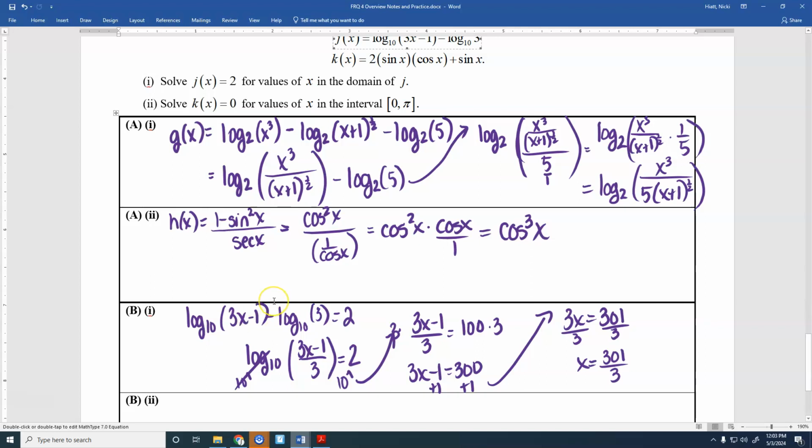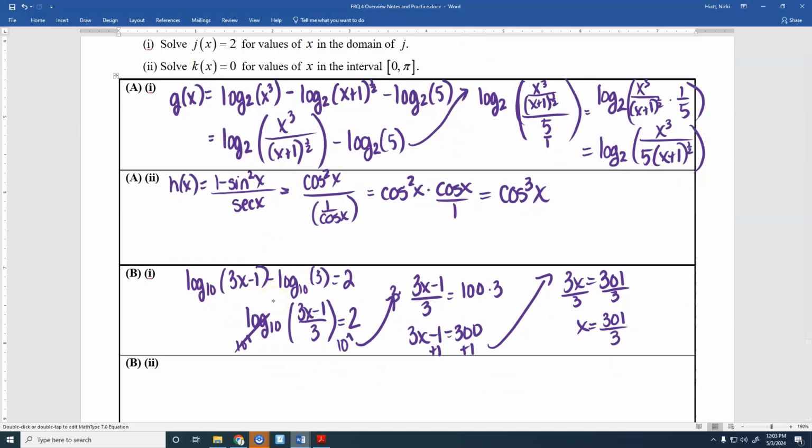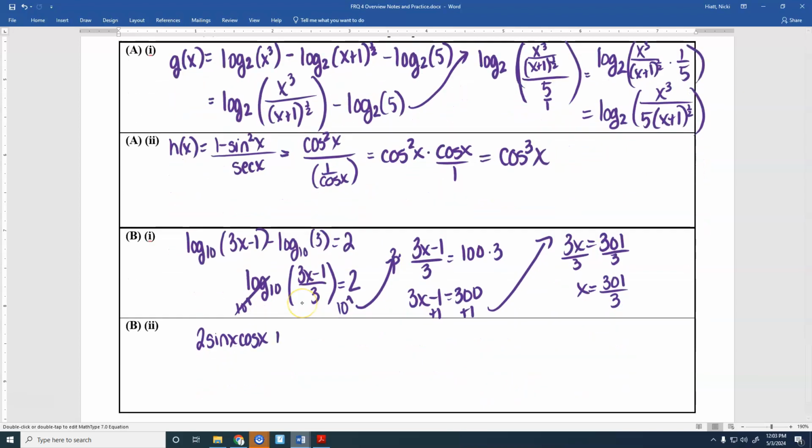All right, and the last one, we're going to have 2 sine x cosine x plus sine x equals 0. What should I do here? Okay.